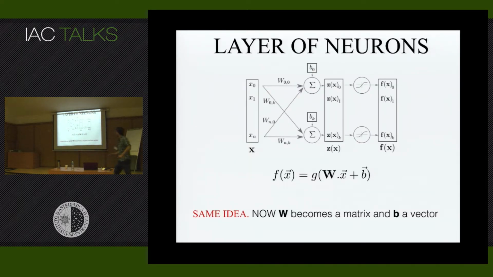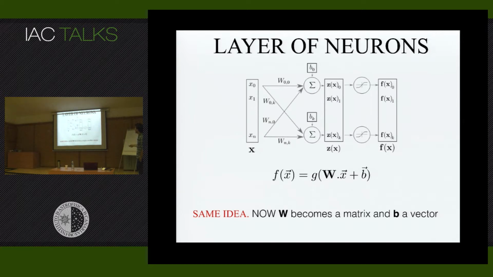Of course, you can put several neurons together. And in fact, instead of having W be a vector, it becomes a matrix, because every measurement is multiplied by a series of weights, and every weight is dependent on a neuron. Okay, so you can stack neurons together.